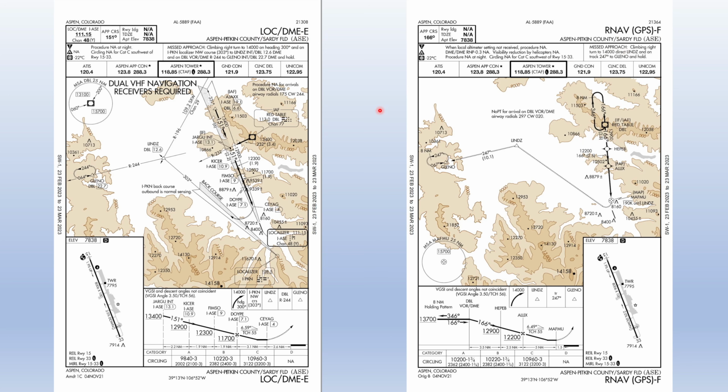And presumably there were other approaches that were Alpha, Bravo, Charlie, and Delta, but those approaches have been decommissioned and you can't use those anymore, but they never went back and changed the titles on the newer approaches so that they reverted back to being the Alpha and Bravo. I'll also mention that anytime you see slant DME in an approach title, that does mean that you have to have DME to fly that procedure.